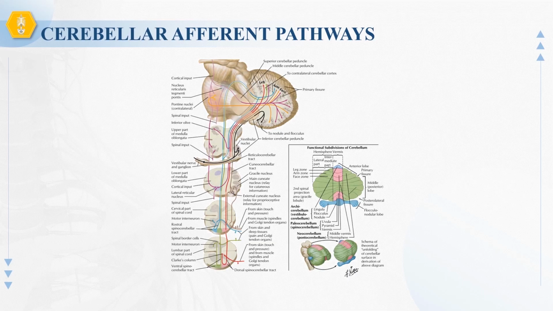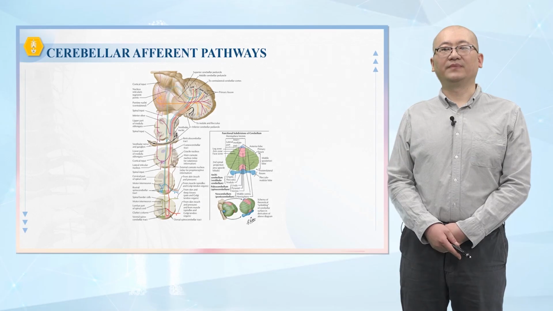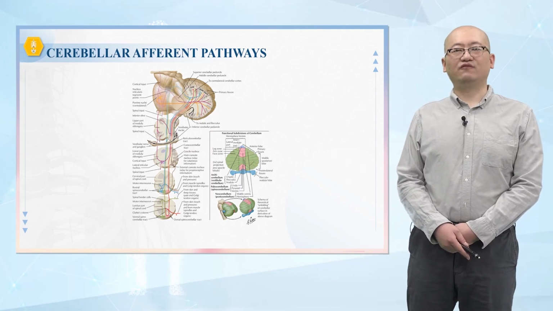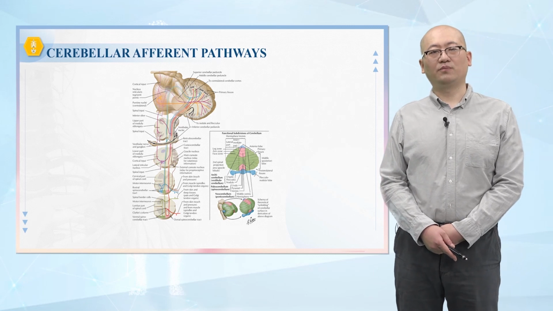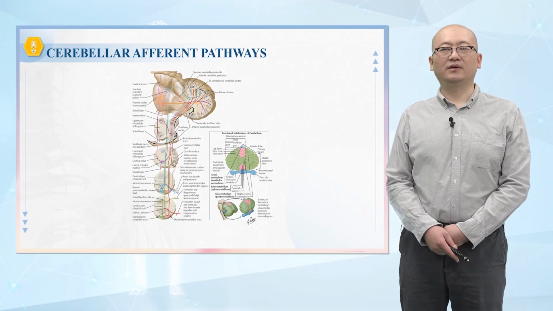The archicerebellum is primarily involved in controlling posture and balance, as well as the movement of the head and eyes. It receives afferent signals from the vestibular system and then sends efferent fibers to the appropriate descending motor pathway.